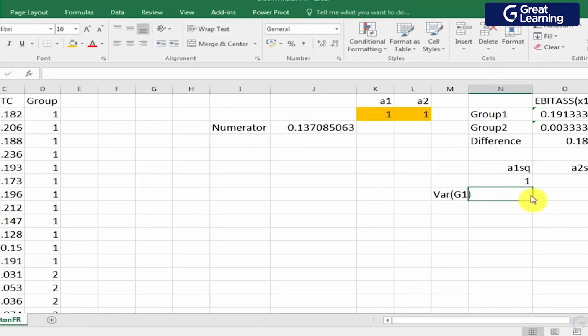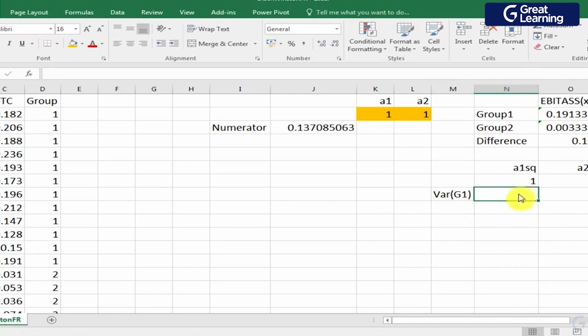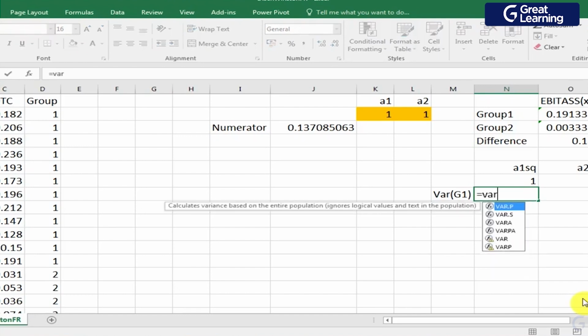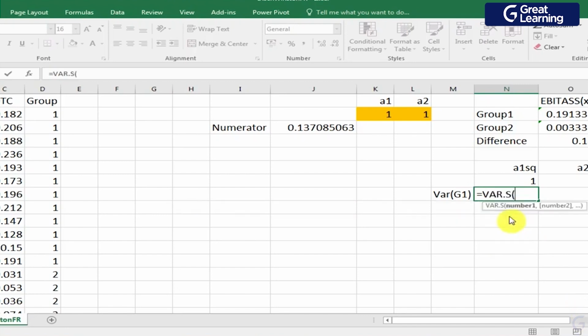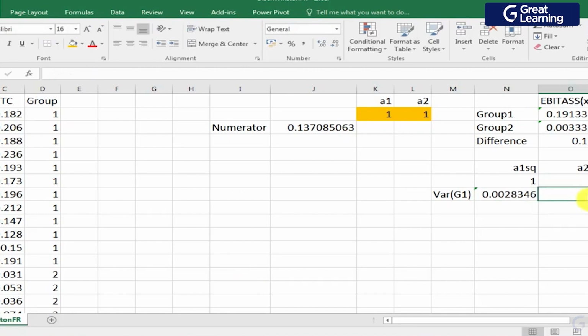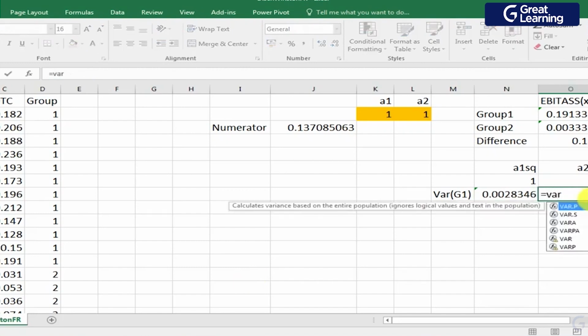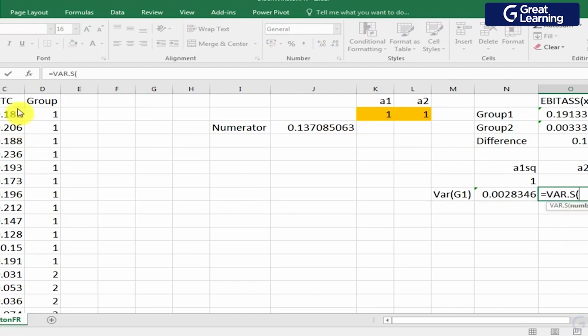Now, in Excel is equal to variance of x1 I want for the first group. Is equal to variance, it is not for the population, it is sample variance, VAR.S. You put that for the first group only. Then variance x2 is equal to VAR.S for the second variable.